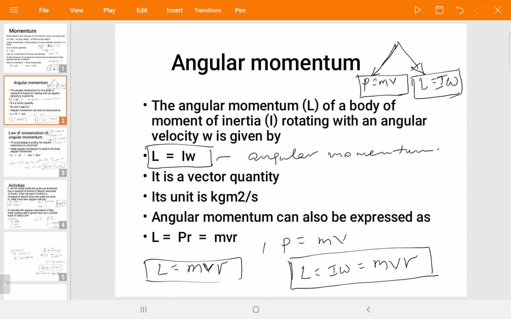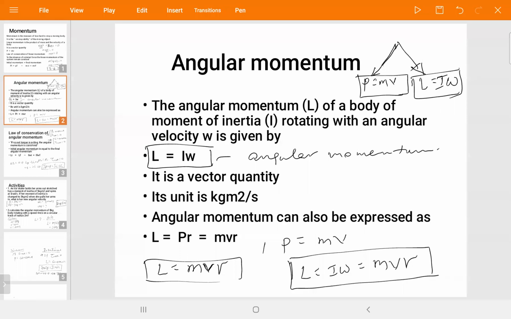For mass, we use moment of inertia, and for speed, we use angular speed. Then the product of moment of inertia times angular speed gives angular momentum.